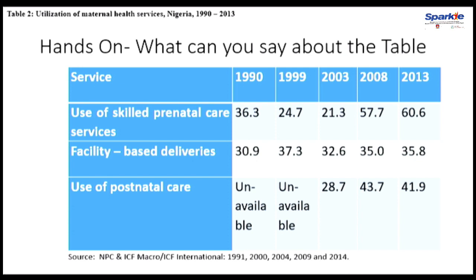And we have 1990. Which variable is this? Yeah, 1990, 1999, 2003, 2008, and 2013. Now, what can you say about these figures?